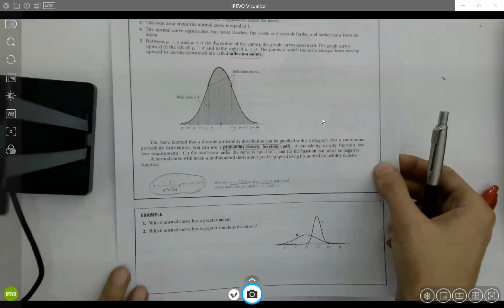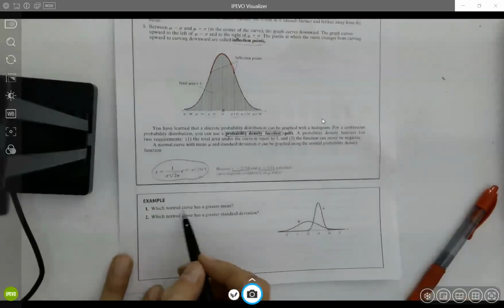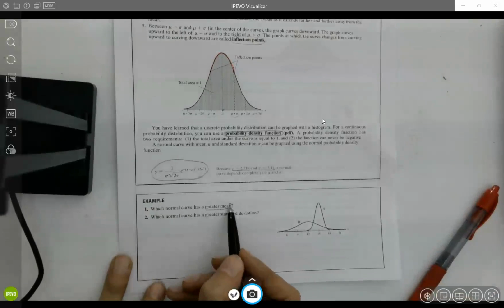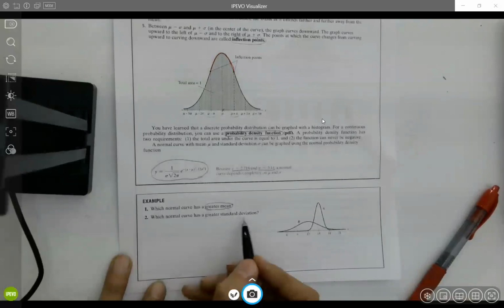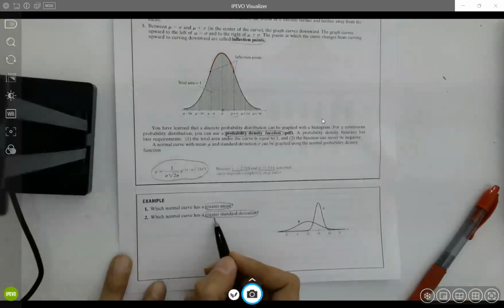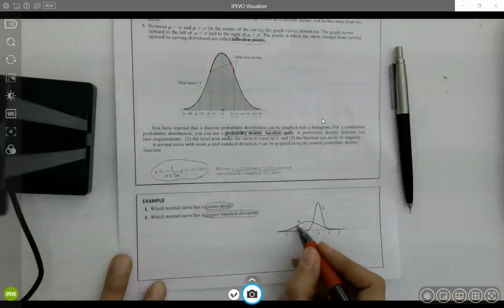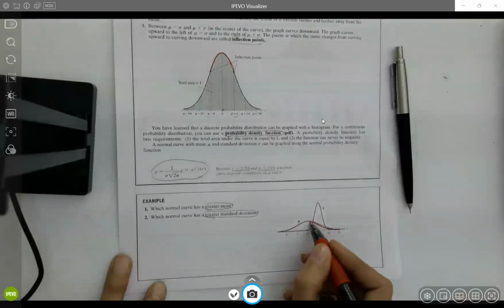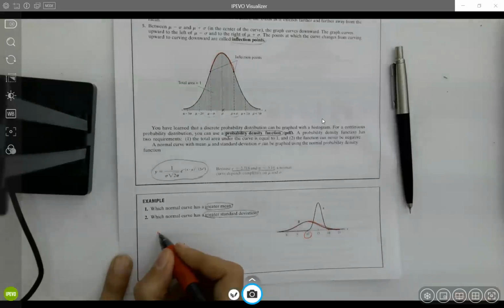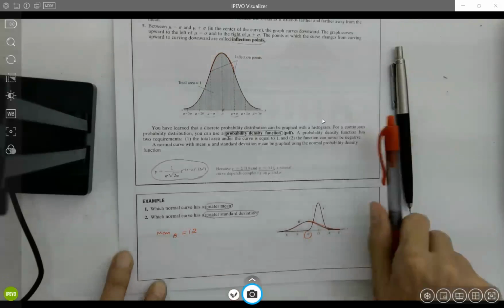Let us take a look at one example. The example says, which normal curve has a greater mean? Which normal curve has a greater standard deviation? Very well. Take a look at your curve B. For curve B, the mean is equal to 12. So mean of curve B is equal to 12.